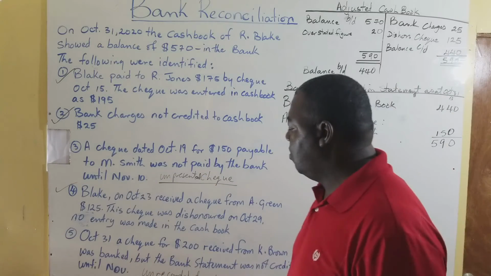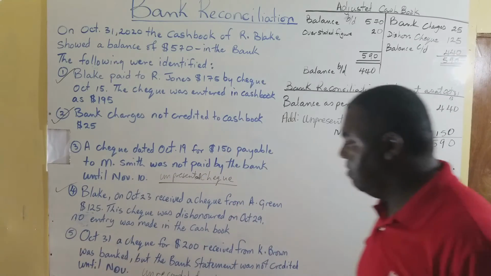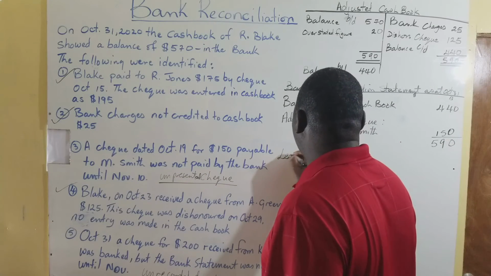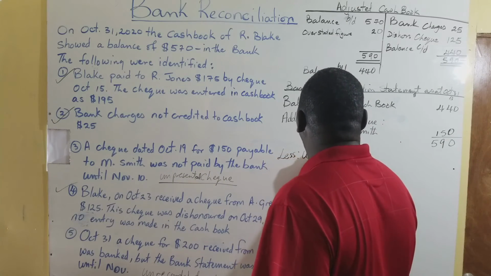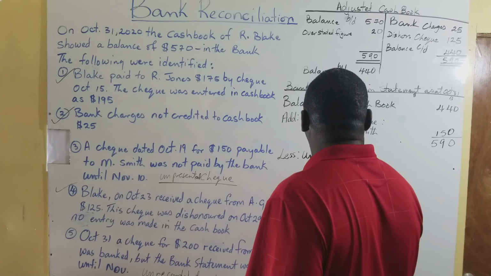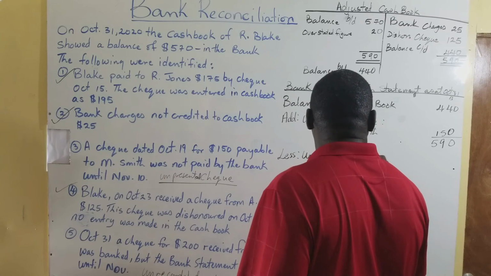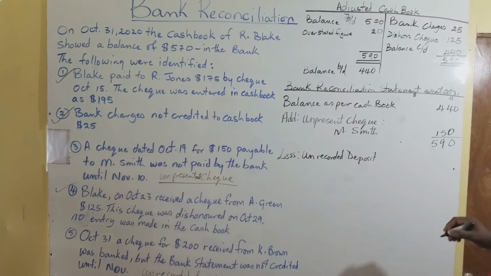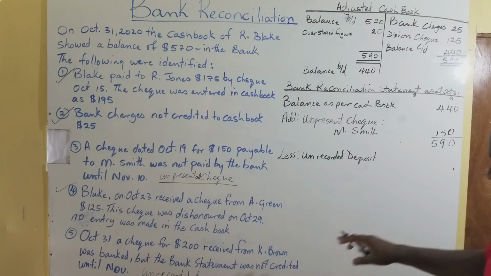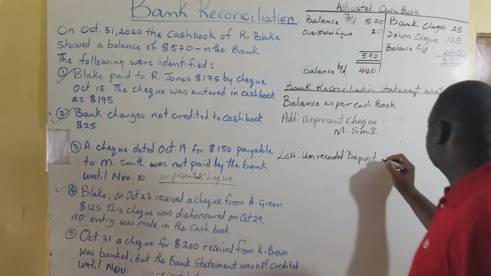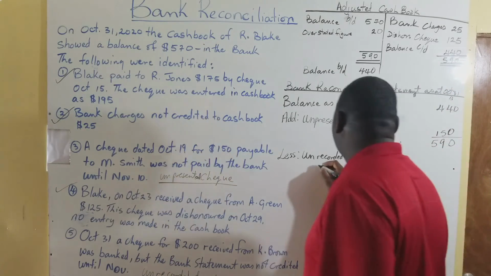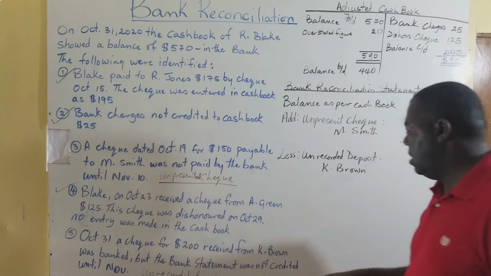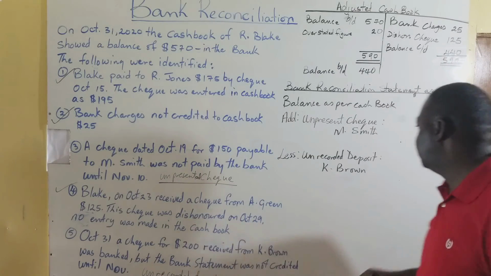All right, our next move is number 5 item, which is the unrecorded deposit, which we want to subtract. So we write less unrecorded deposit. And that now is in relation to K. Brown, and the amount of money is $200.